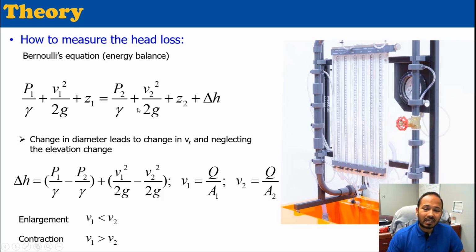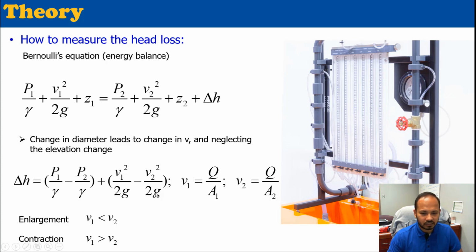If we apply Bernoulli's equation, for example, in this case, this is the inlet of the long bend and this is the outlet. Here, the diameter of the pipe doesn't change. If it doesn't change, we still stick with the same concept. ΔH would be only the change in pressure.